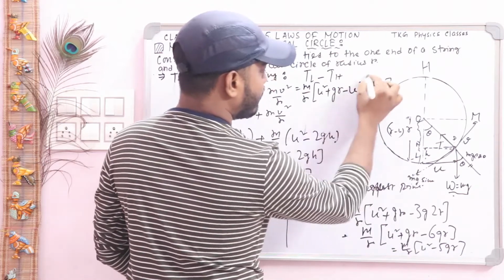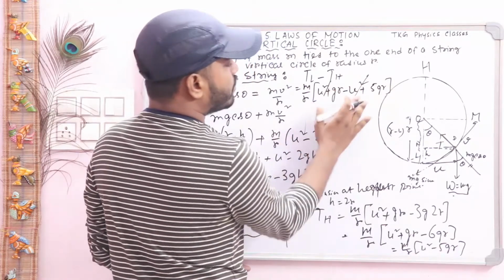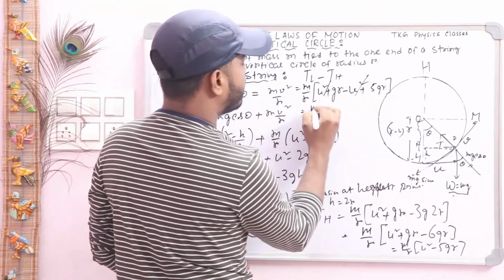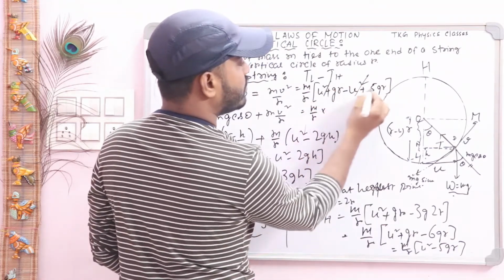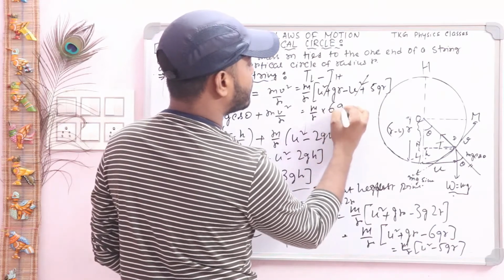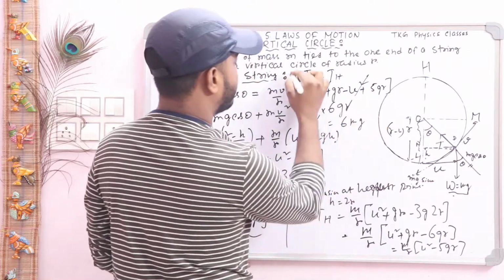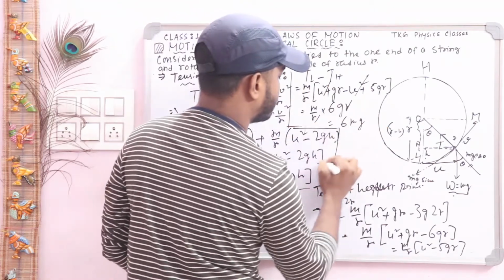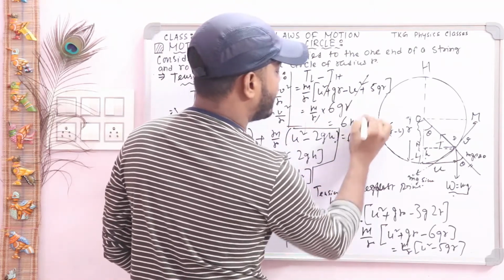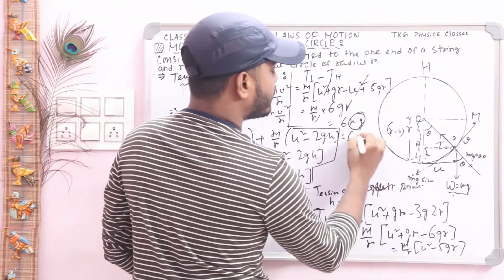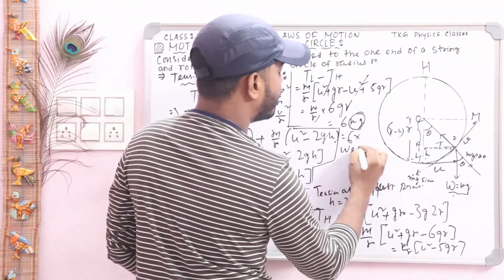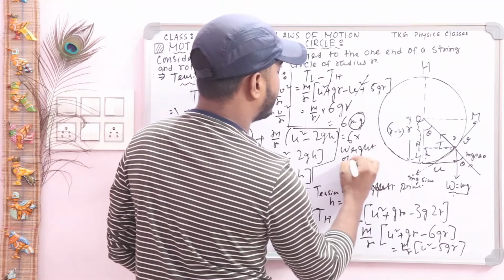You see, very interesting thing, that is u² cancels out, that is m/r, and this value is gr and 5gr, that is 6gr. r cancels out, that is 6 into mg. Very interesting part. And what is mg? mg is the weight of the body. So 6 into weight of the particle.